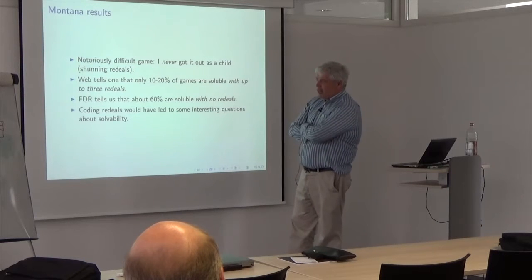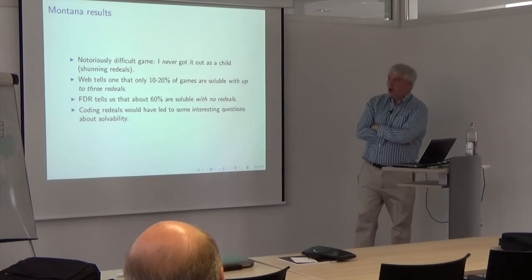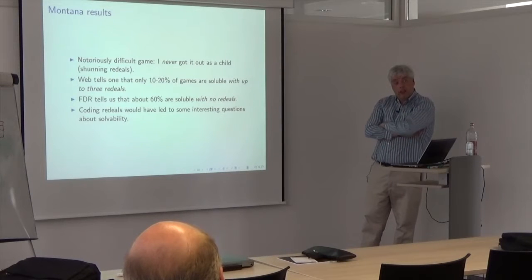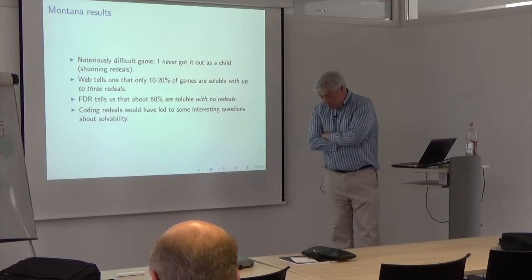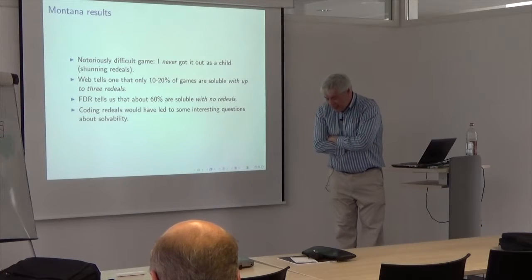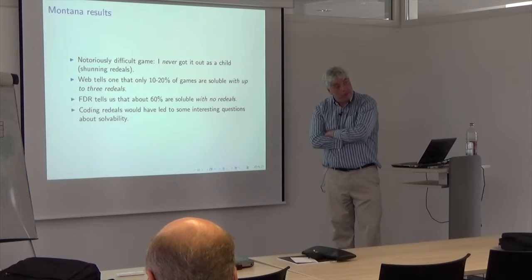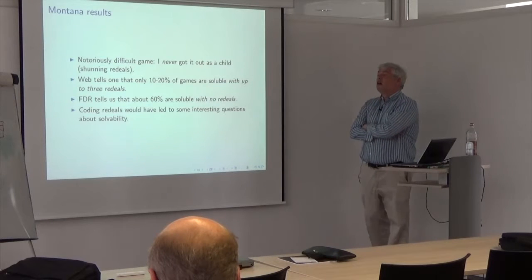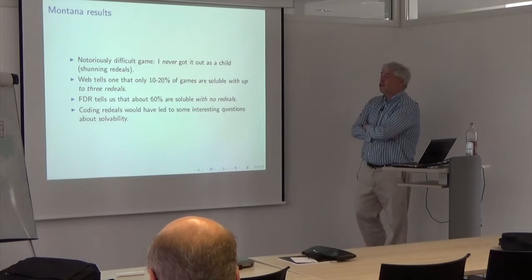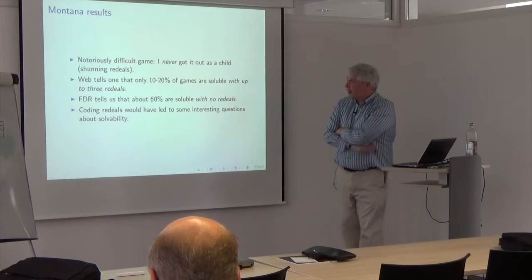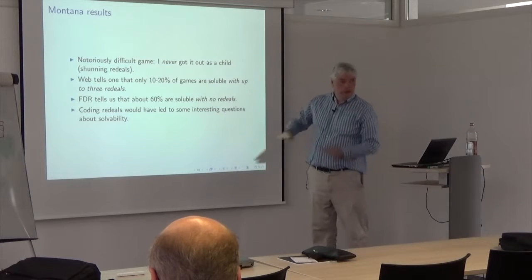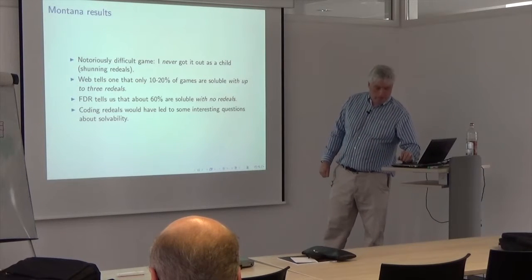If you think about it, the concept, on the one hand, of overturned cards, as in Klondike, and much more challengingly, the idea of a redeal in a game like this, creates some very interesting philosophical questions about what solvability means in these models. But they're questions that I have, fortunately, thanks to this result, been able to ignore.